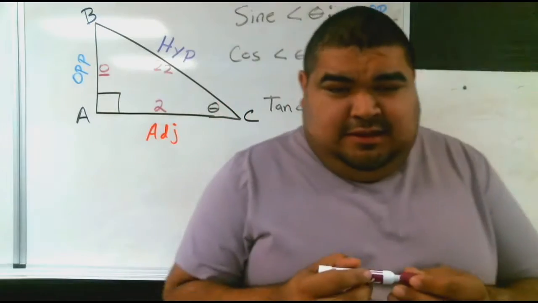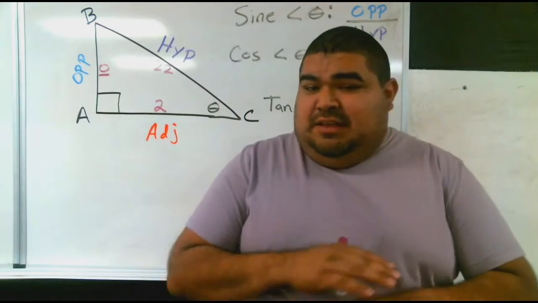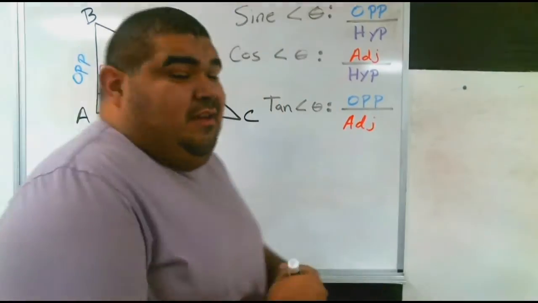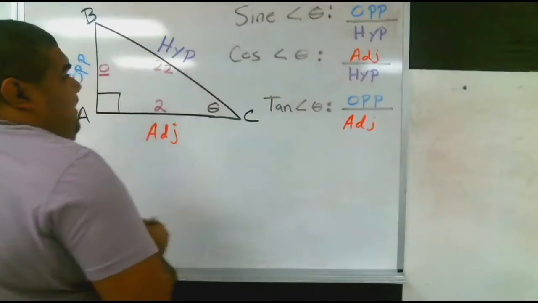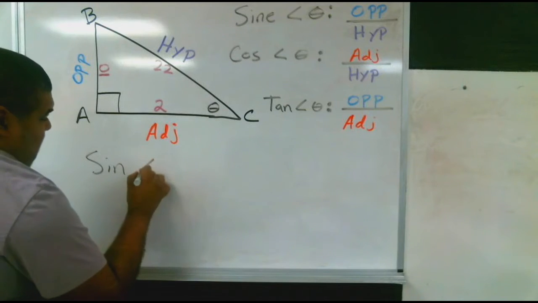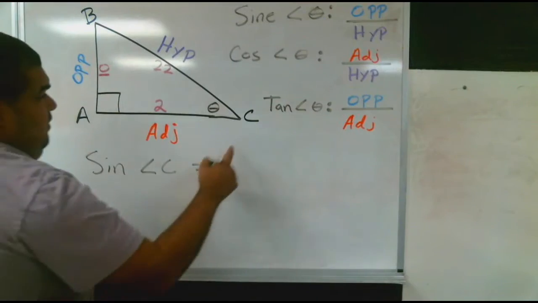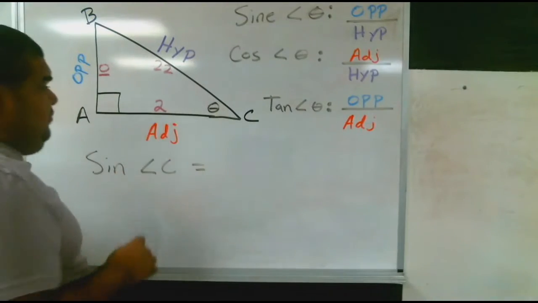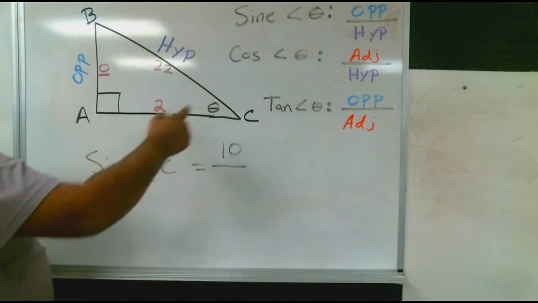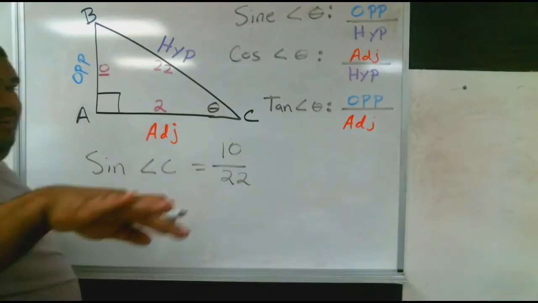Keep in mind, today all we're going to do is plug it in. For the first one, if I wanted to find sine of theta, we say sine of angle C, because that's where theta is, equals opposite, which is 10, over our hypotenuse, which is 22. That's it. We're not going to solve it.